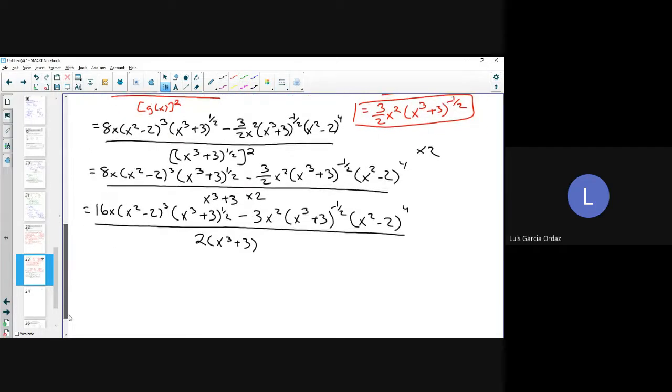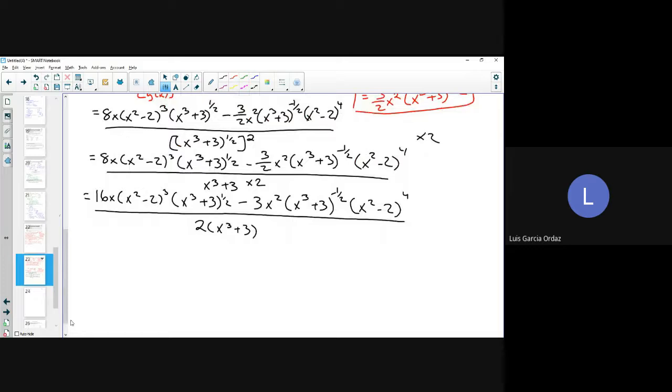However, now we have to simplify. So, is there anything from the numerator, a factor, that I can simplify my numerator to be?